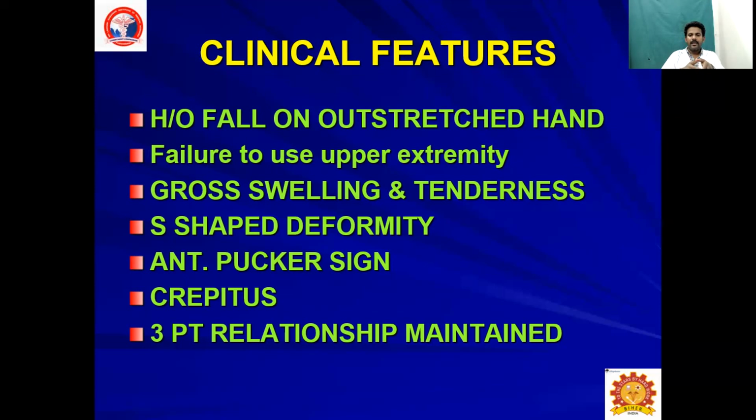This triangle relationship will be distorted in an intra-articular fracture, but we are dealing with a supracondylar fracture, which is extra-articular, so the 3-point bony relationship is maintained here. That is the significant thing: if you examine the elbow in 90-degree flexion and the 3-point bony relationship is maintained, then you must think of an extra-articular fracture, a fracture above or below the level of the joint.